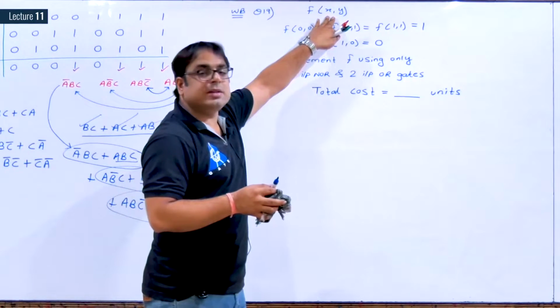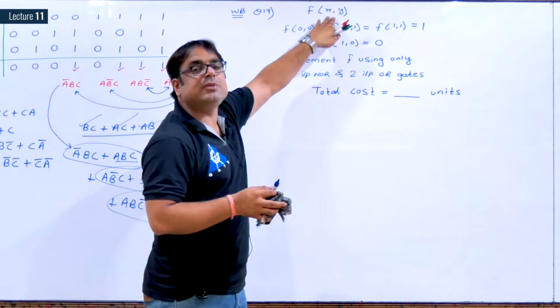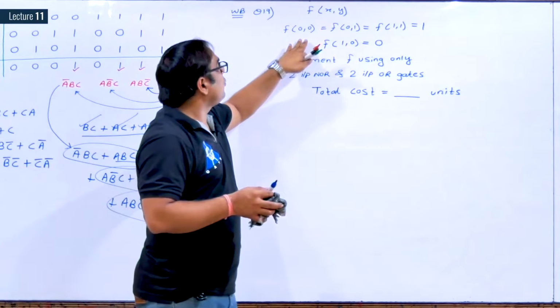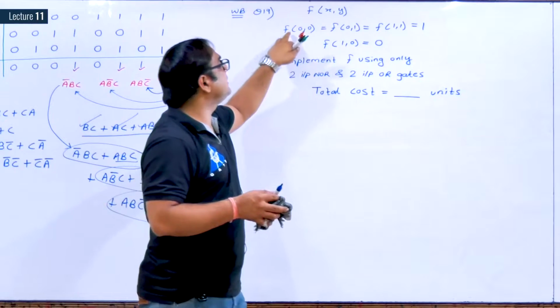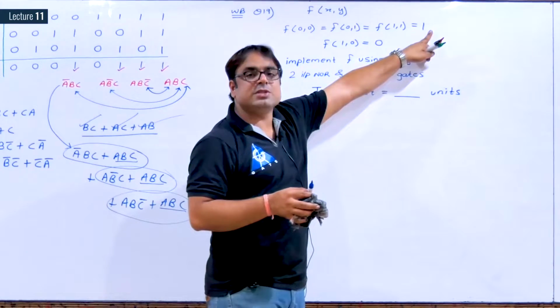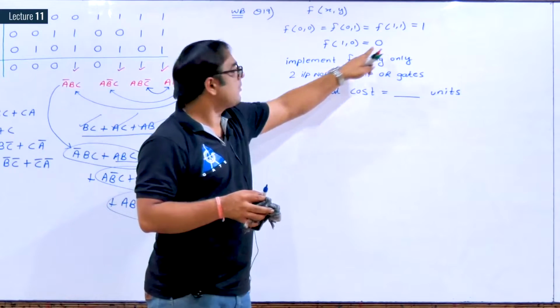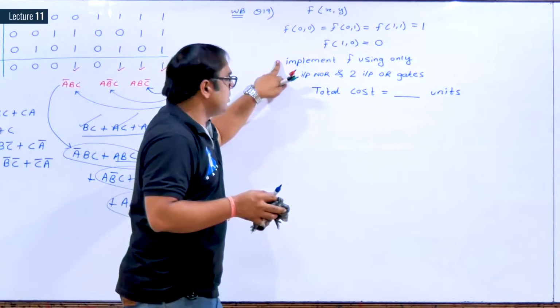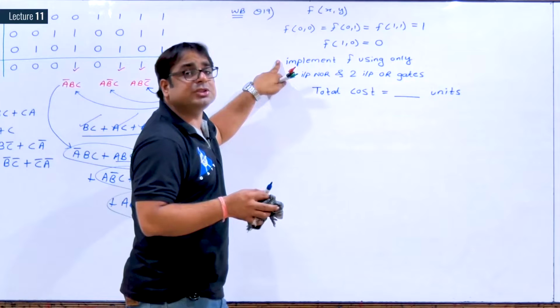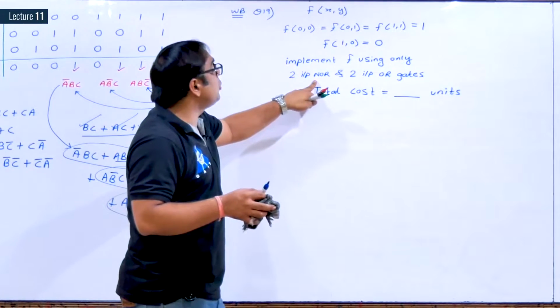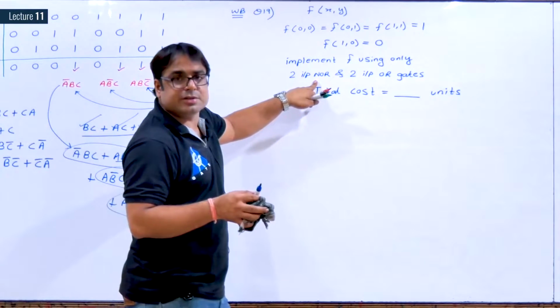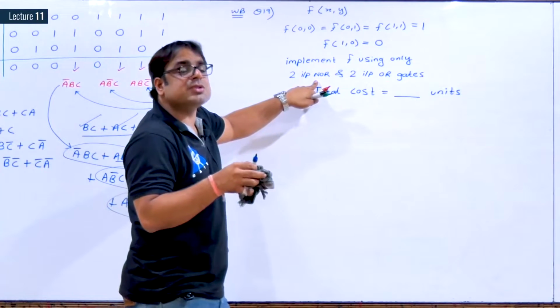A function is given of two variables x and y. For these three combinations function value is 1, for this combination function value is 0. You have to implement the function f using 2 input NOR gates and 2 input OR gates. Each gate costs 1 unit.